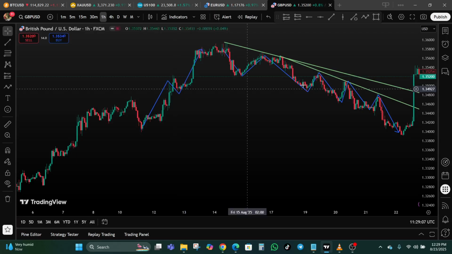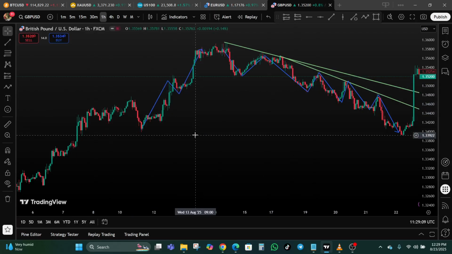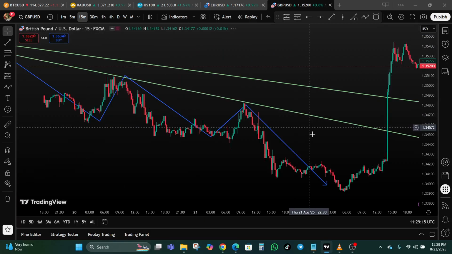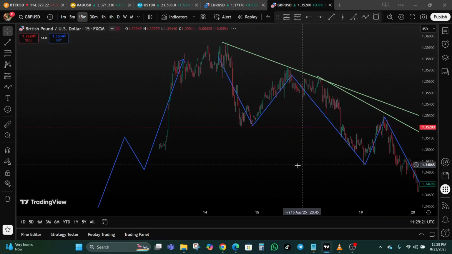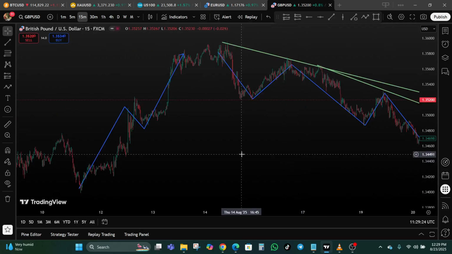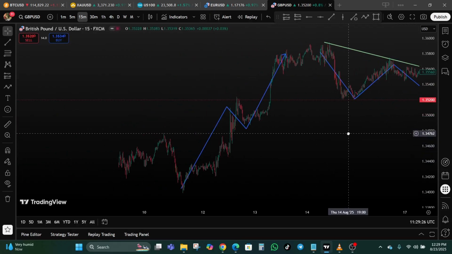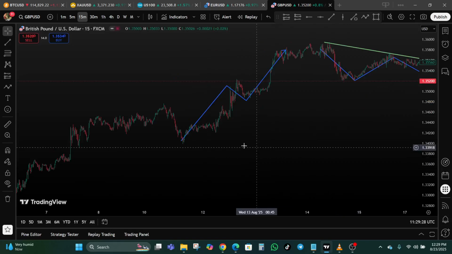Next, you want to confirm with structural shifts. This means looking for breaks of structure on lower time frames. You can just jump to a lower time frame to find a break of structure. If an uptrend suddenly breaks a higher low, for example, let's find a good example.